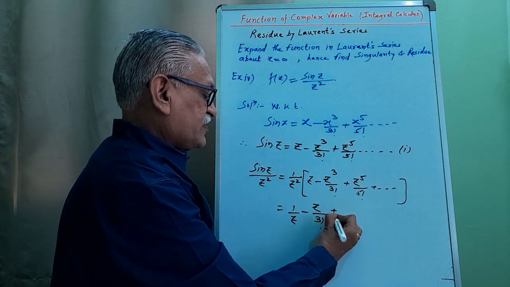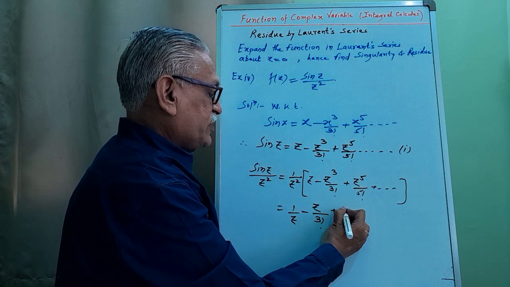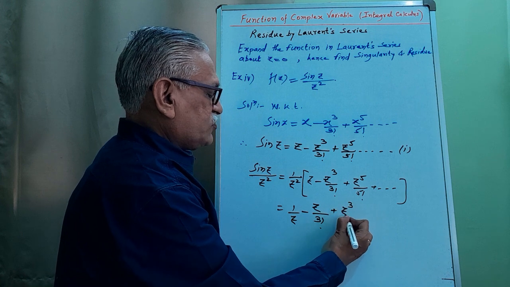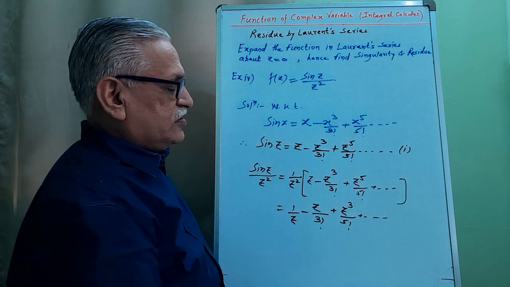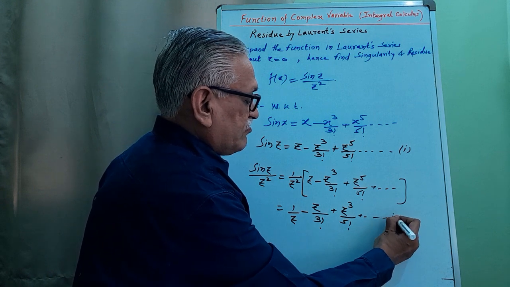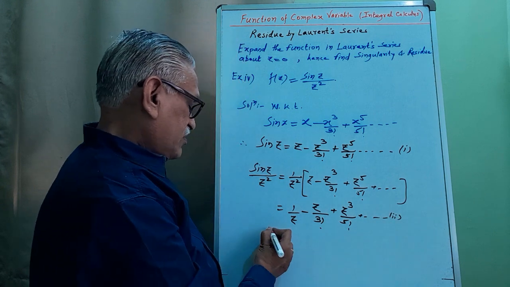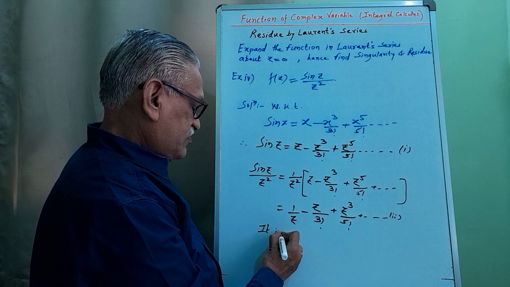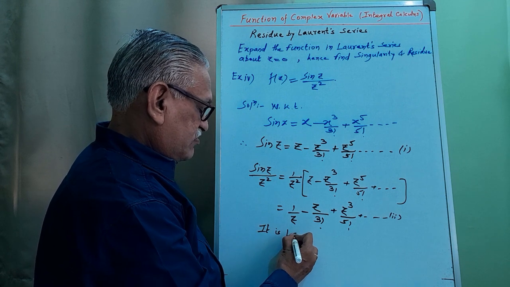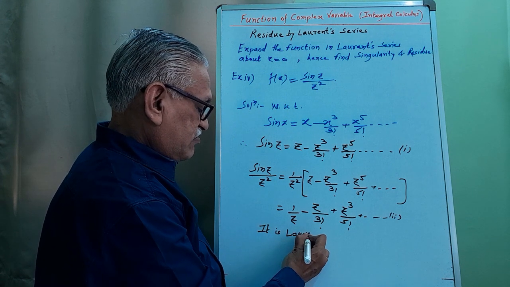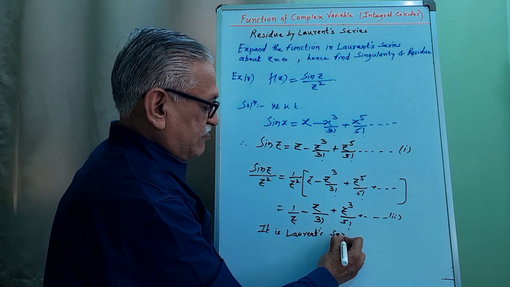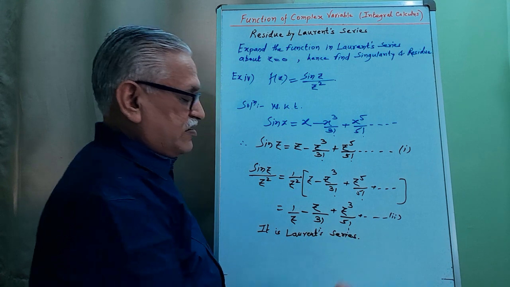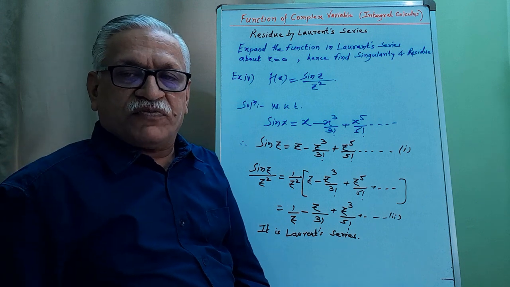Next one is z raised to 3 divided by 5 factorial and so on. This is the Laurent series of that function f of z.